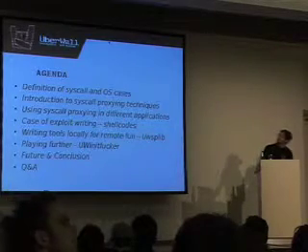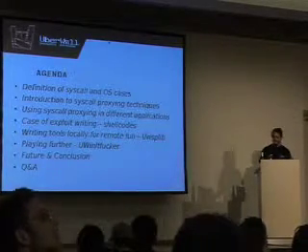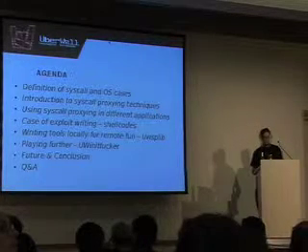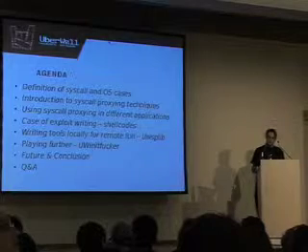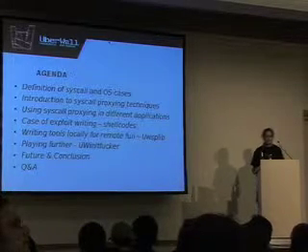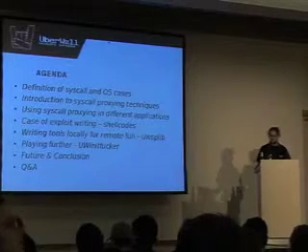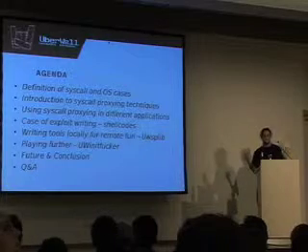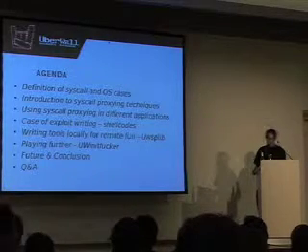So here is our agenda. Some definitions, an introduction about Syscall proxying, how to use Syscall proxying for different kinds of applications, bad or good. The case of exploit writing, which is, I think, interesting to us at the moment.